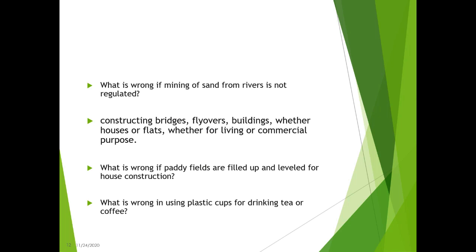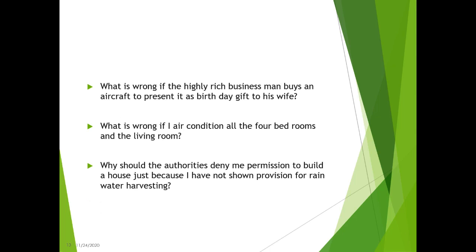So, what is wrong if mining or sand from rivers is not regulated? When we build bridges, flyovers, buildings for housing or for business in the form of flats or individual houses, what is wrong if paddy fields are filled up and leveled for house construction? What is wrong in using plastic cups for drinking tea or coffee?